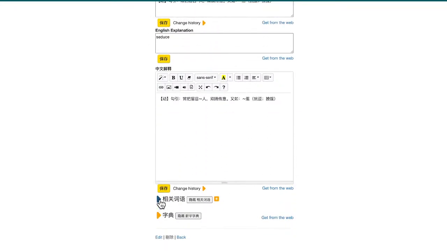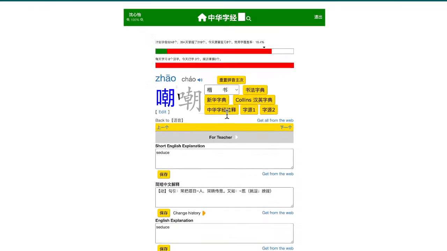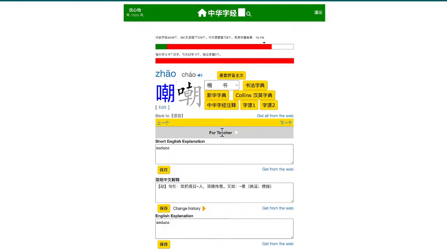This is the second meaning. If you look at this character, the right hand side is the character 朝. Now this character also is pronounced zhāo, so both pronunciations exist for the right hand side character.